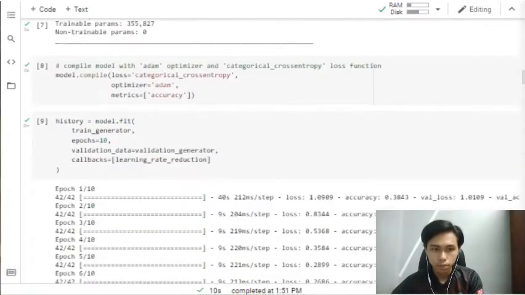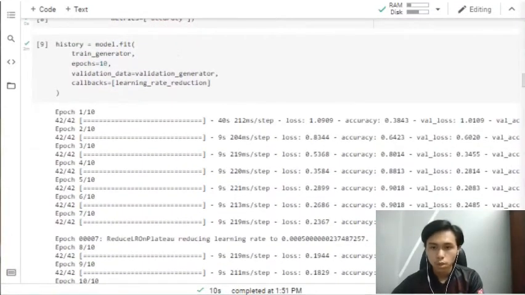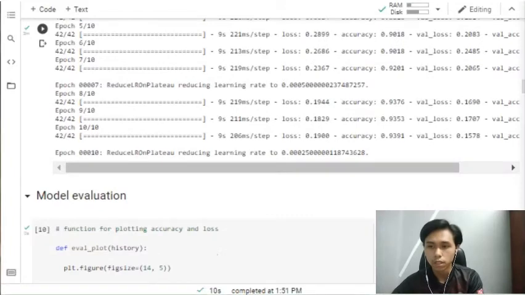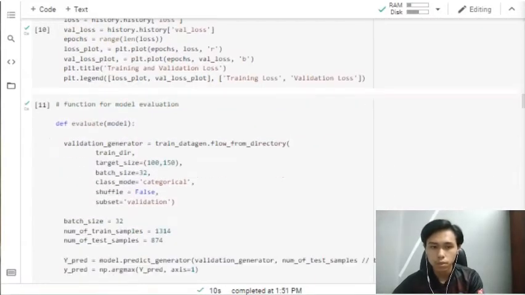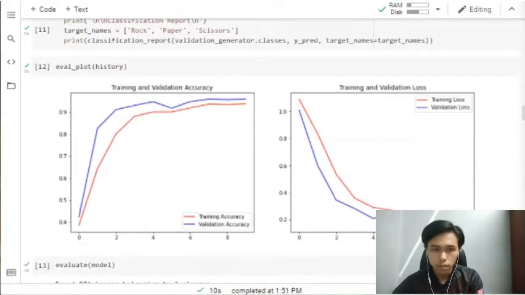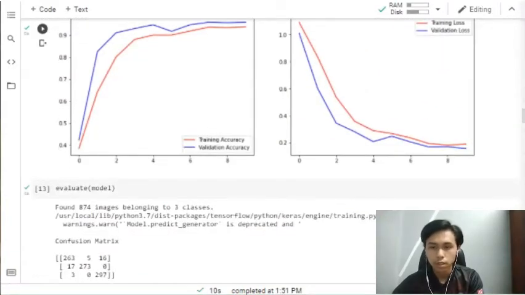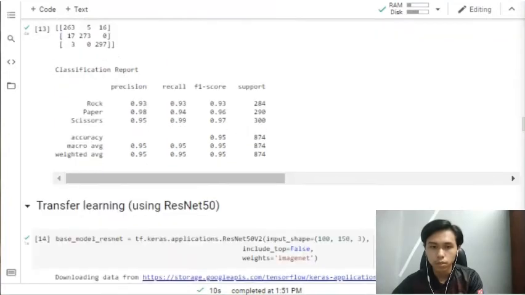Then we run the model with 10 epochs and we found the accuracy is around 93 to 94%, which is quite high. Besides, we also evaluate the plot graph and confusion matrix.